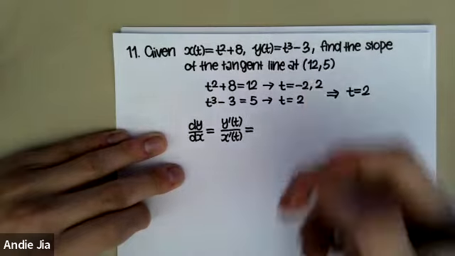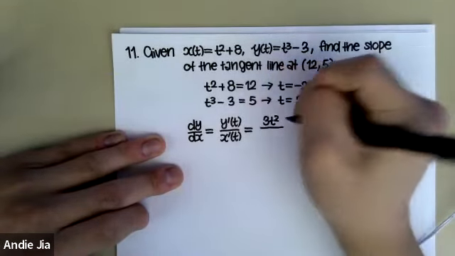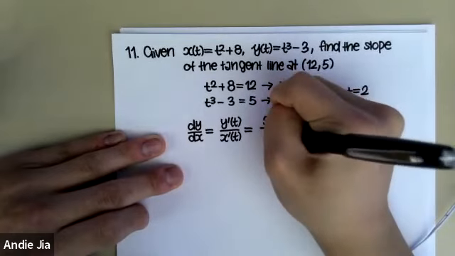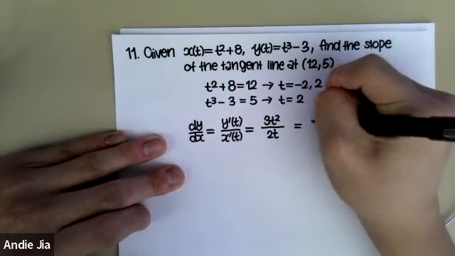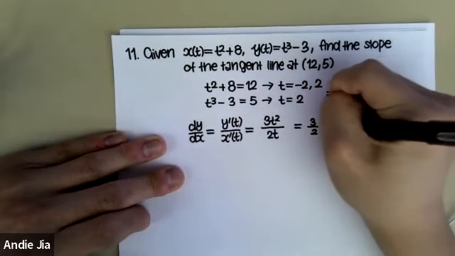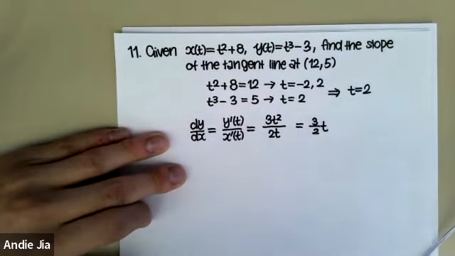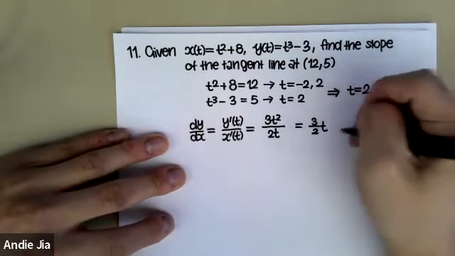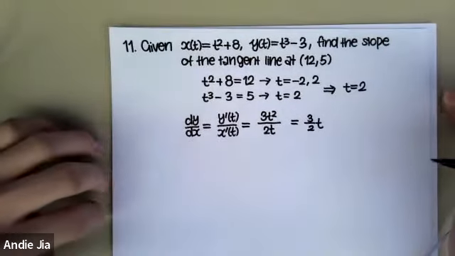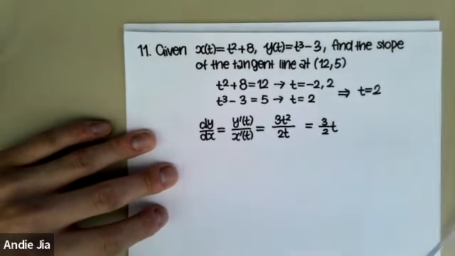So y prime is 3t squared, and x prime is 2t, so it's 3t squared over 2t. Then plugging in t equals 2, it equals 3.